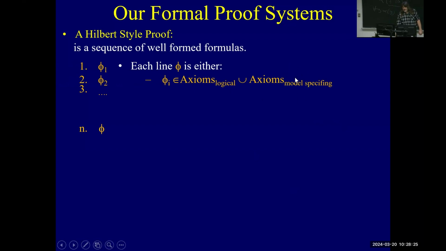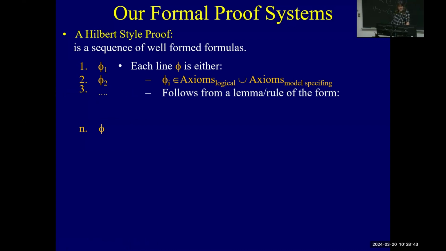And you can add other axioms that define your objects. Like if you want to do logic about the integers, then you can say, well, one thing about the integers is a plus b equals b plus a, right? And you can add axioms like that. And then you can also add lines that follow from your rules, right?